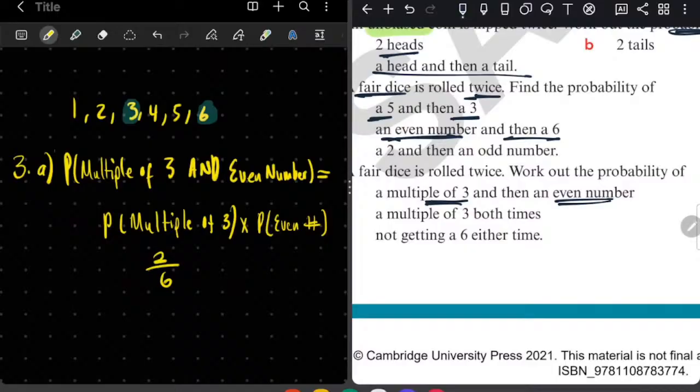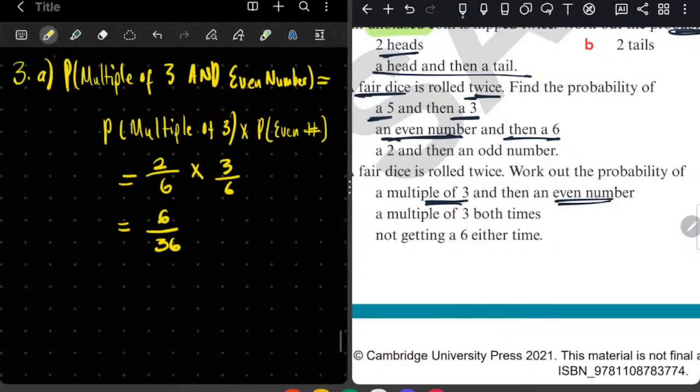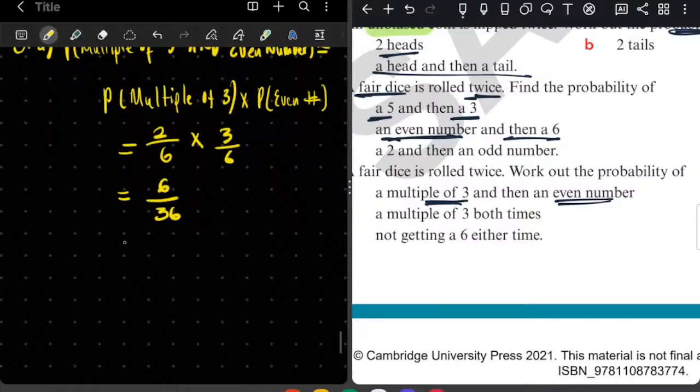It's 2 out of 6 times the probability of an even number. How many even numbers do we have? 3, out of a total of 6. Which is going to be equal to 2 times 3, 6, over 6 times 6, 36. What is 6 into 6? 1. 6 into 36, 6.